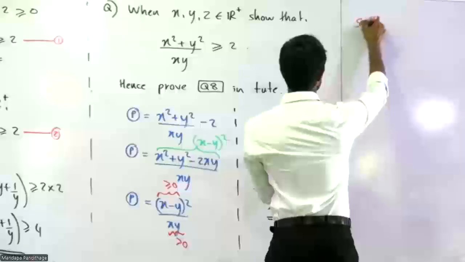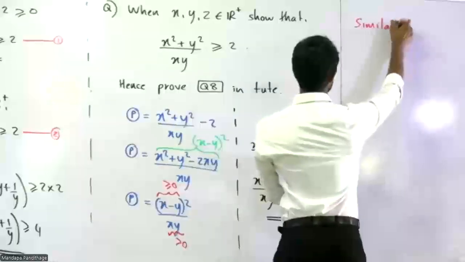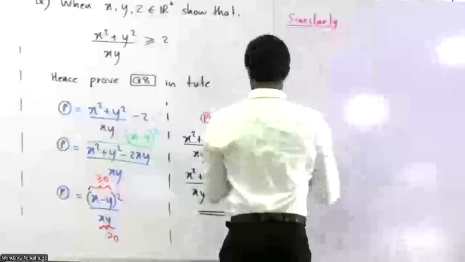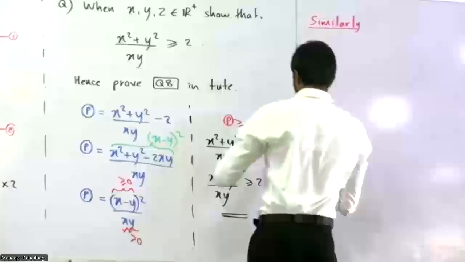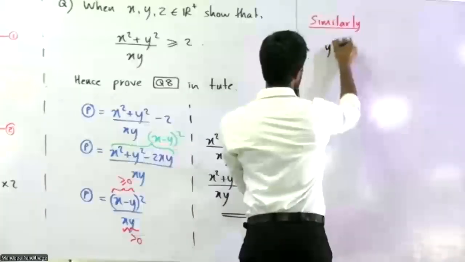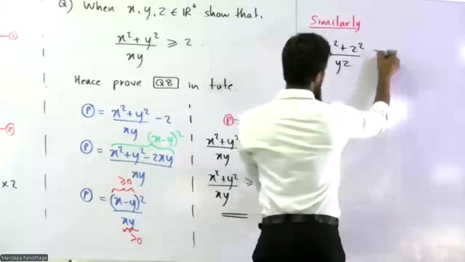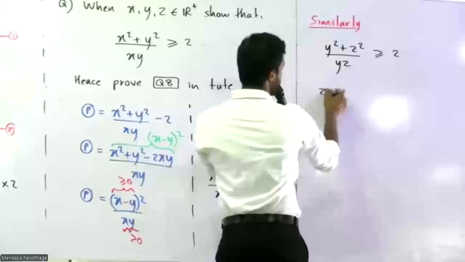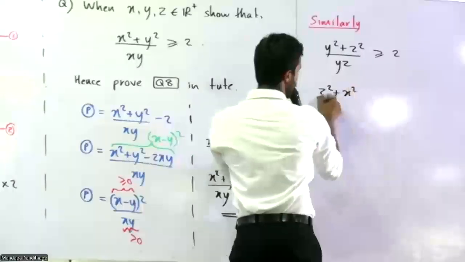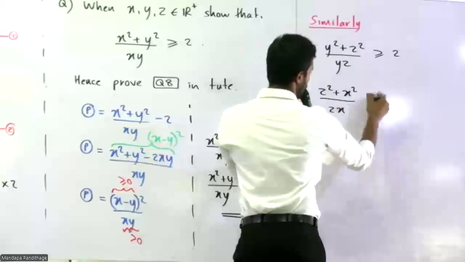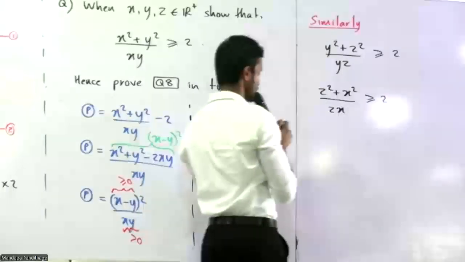You can write similarly. Write the other two results. You can say y squared plus z squared over yz is greater than or equal to 2. z squared plus x squared over zx is greater than or equal to 2.